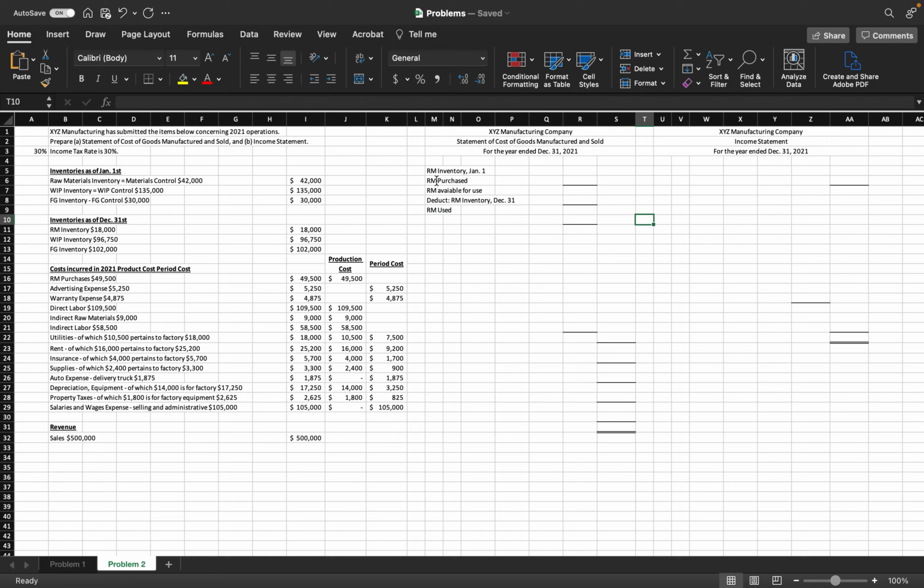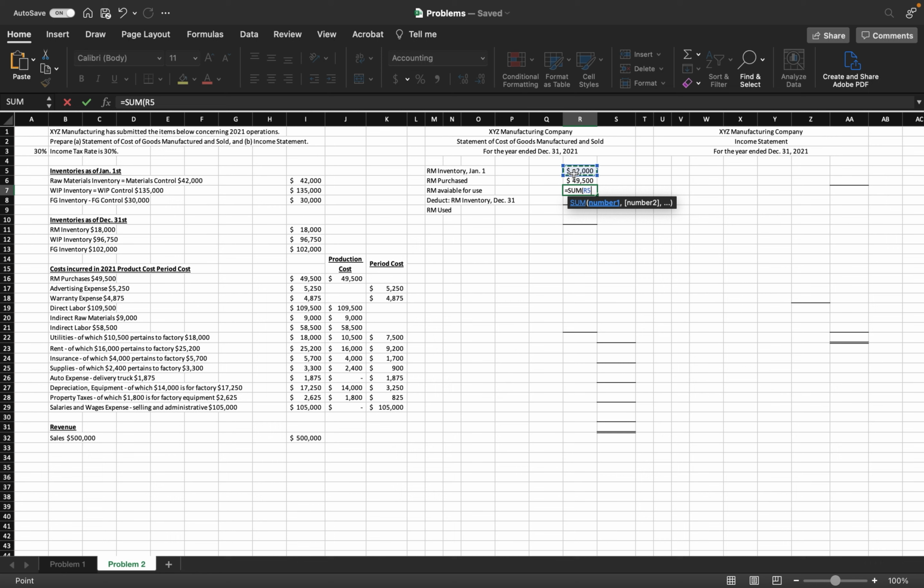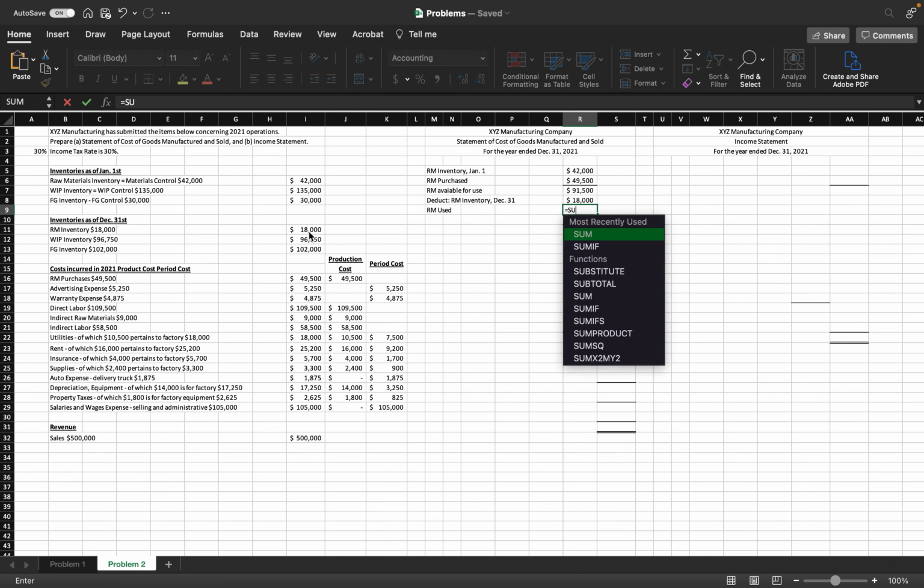So I can go ahead and fill in this information. The raw material on January 1st was given. Raw materials purchased, we were told. And so the raw material that is available is the sum of these. Then the raw material at the end that we didn't use. And so the actual raw material that was used.